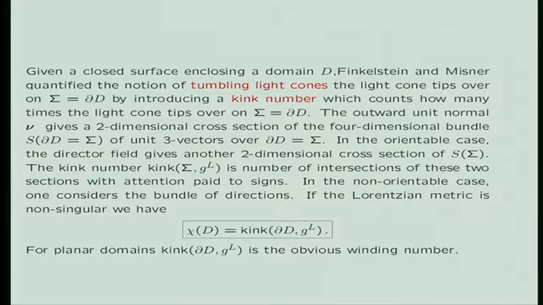Now, these two people, Misner and Finkelstein, were interested in the following problem, what they described as tumbling light cones. By the way, is this visible to the people here on this side? Okay, so their idea was there's something funny happening near black holes.